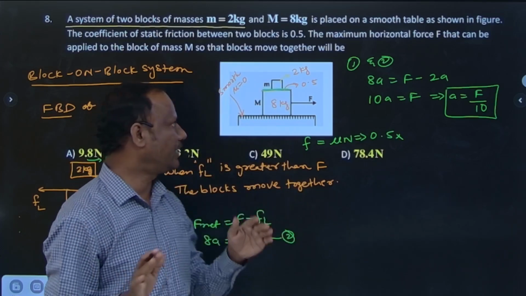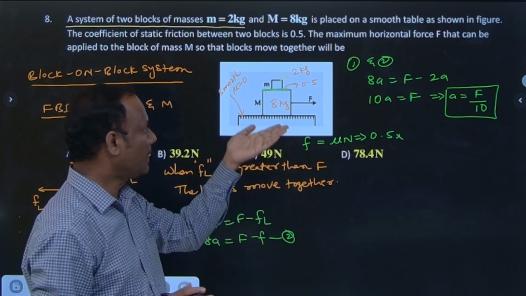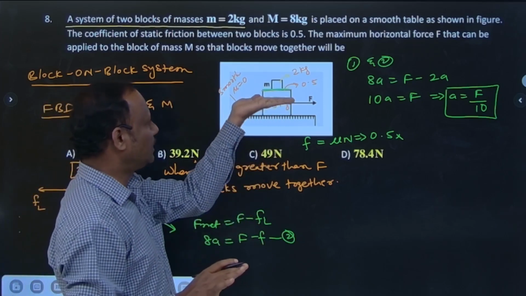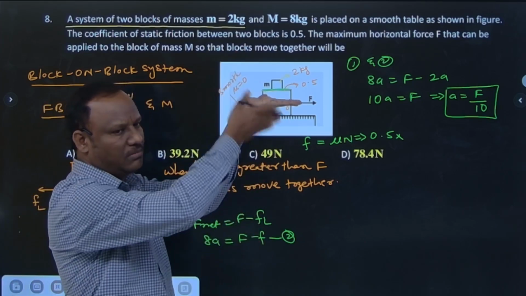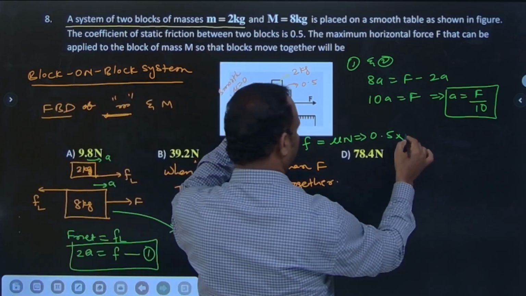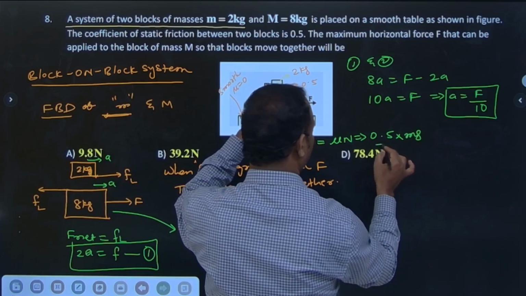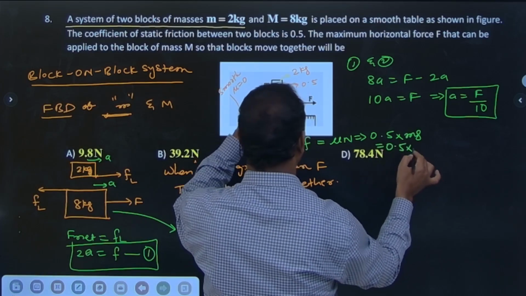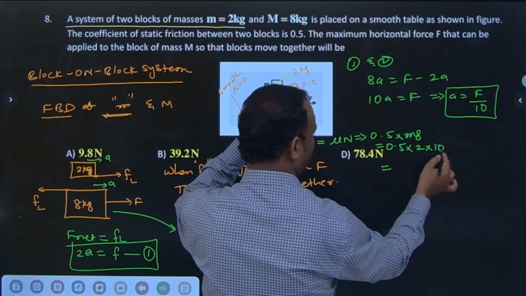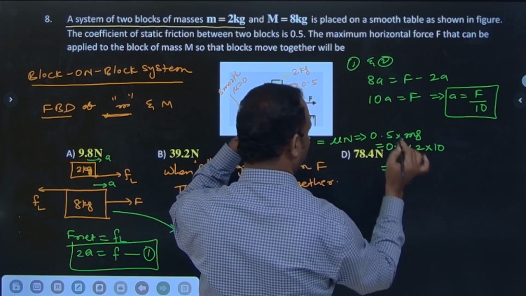If you want to find the normal reaction between the surfaces, here is a simple trick: place your hand above your hand. How many masses are there? One mass. So that is small m into g. So 0.5, m is 2, g is 10. So 0.5 into 10 is 5, and 5 twos are 10.